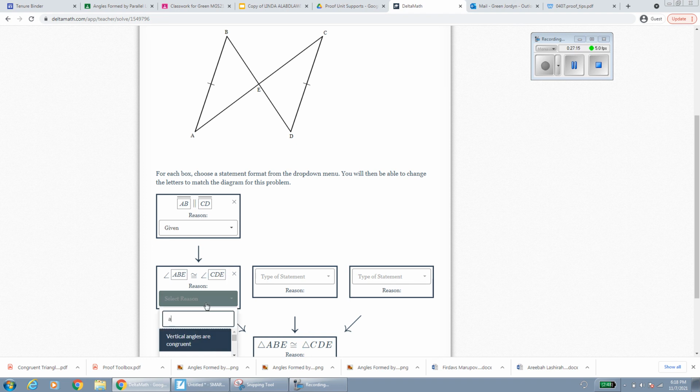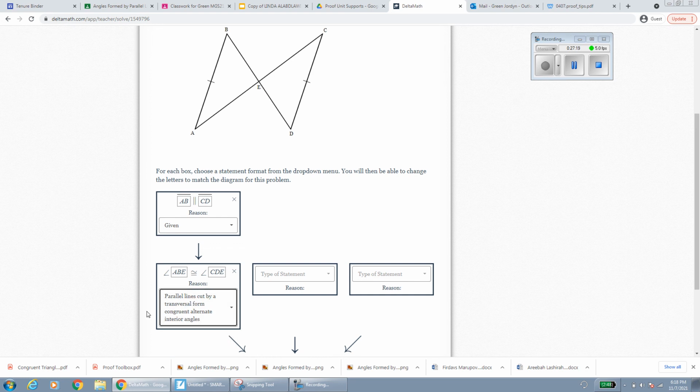And our reason is that alternate interior angles are congruent when lines are parallel. We have another given that AB and CD were congruent to each other that was marked in the diagram for us. So AB is congruent to DC, and that was given.